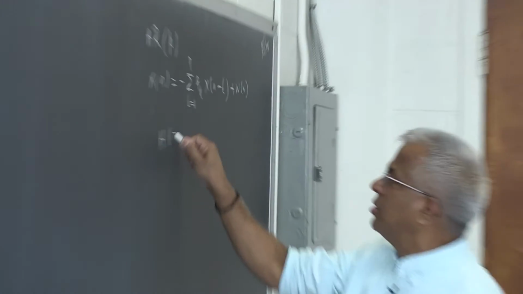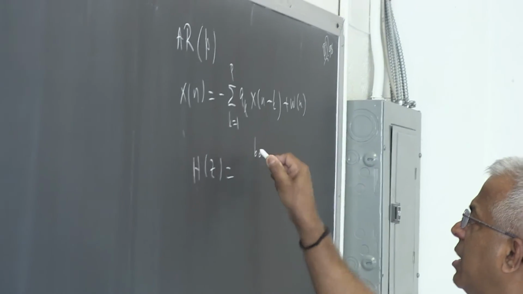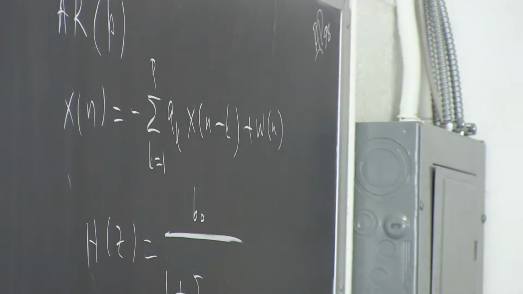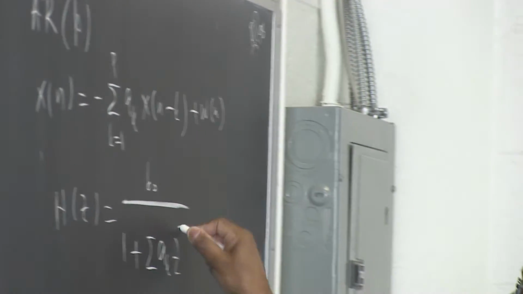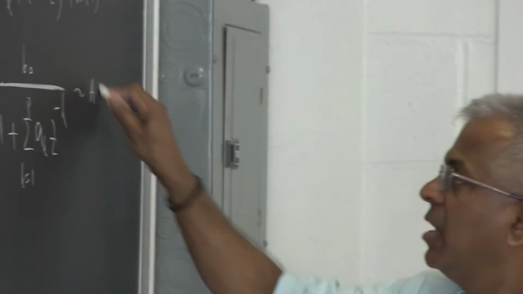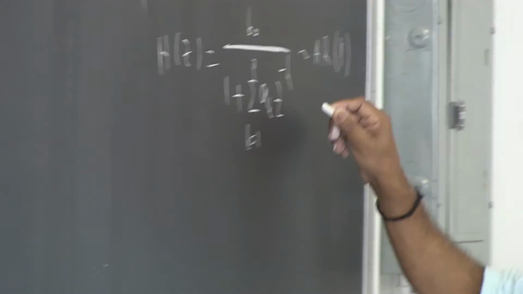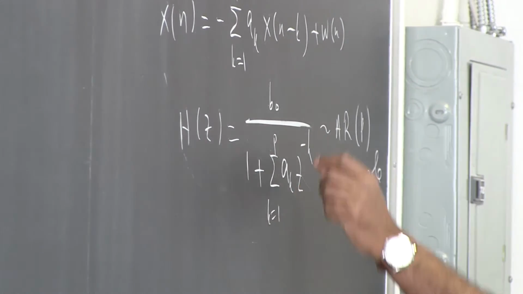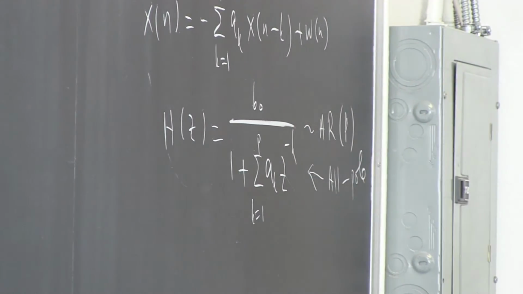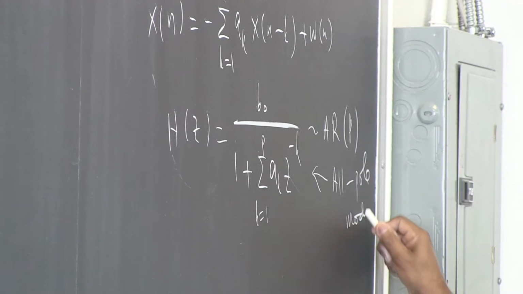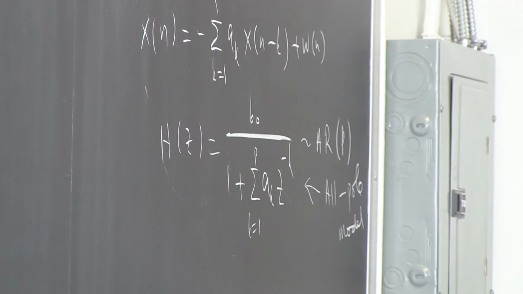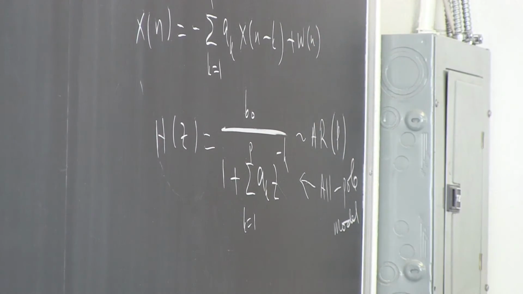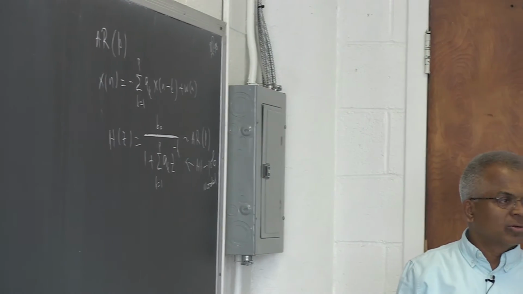So your H(z), you don't have to go through all this. H(z) now simply looks like this. So this is an AR(p). You can also call it an all-pole model. Only poles, no zeros. So if your data has this form, then it is an AR process, just autoregressive.